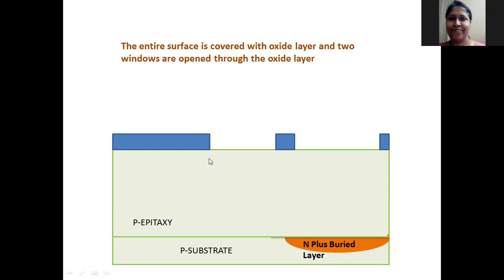So here we have already shown the development of an oxide layer, and then using photolithography, chemical etching, we have developed window surfaces, that is openings in this portion, in these two portions, using suitable mask. So here these two regions are exposed.